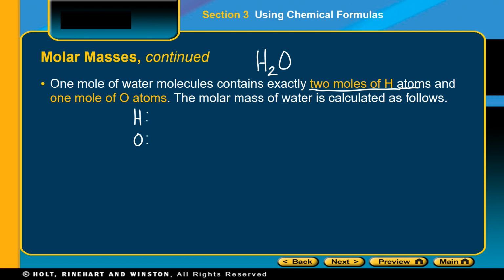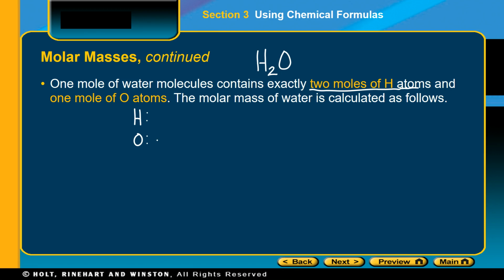So what is the mass of hydrogen? And let's go with 2 decimal places this time. What's the mass of hydrogen off the periodic table? 1.01.